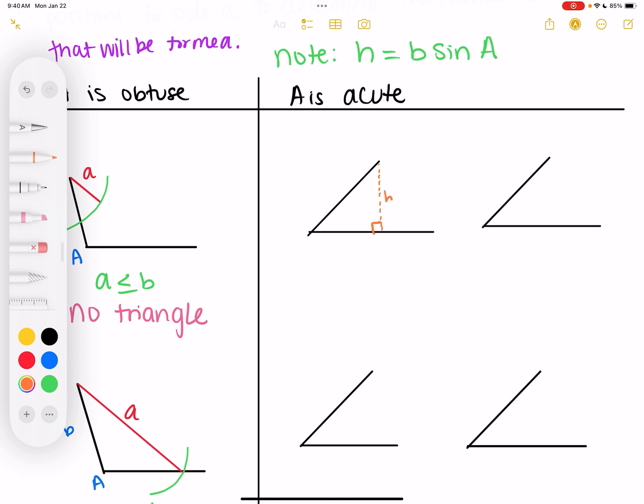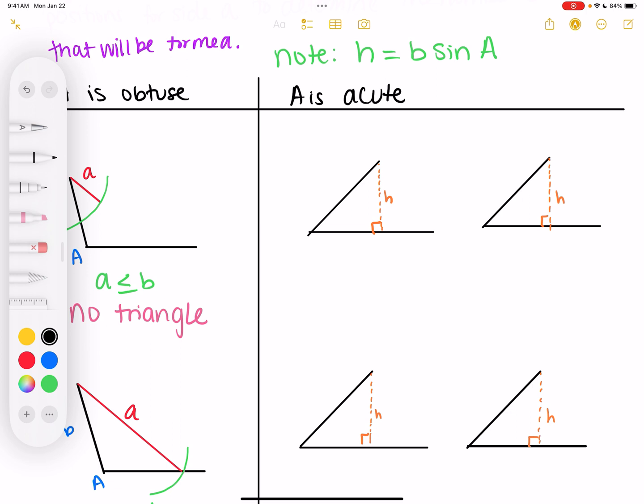H is this part right here that makes a right angle with the base, forming a right triangle.